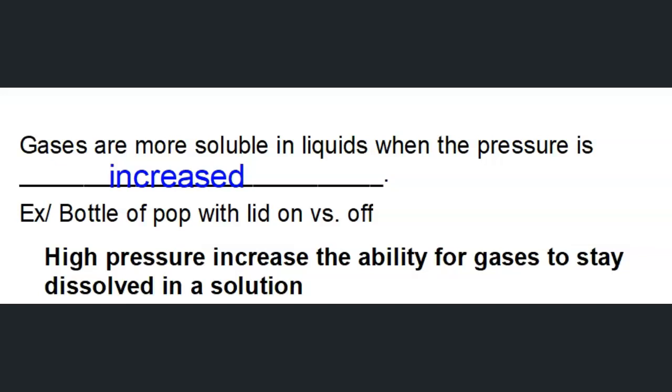The example would be if you have a bottle of pop with a lid on it versus having no lid on it, the pressure actually helps to keep your pop carbonated and force the carbon dioxide to stay dissolved in the solution. But once you open it up, that carbon dioxide is able to escape due to the lack of pressure.